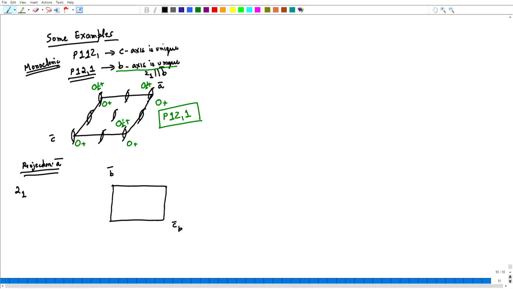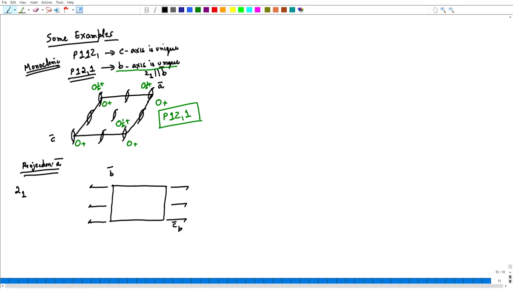So, how do I indicate the screw axis now? So, this is indicated by, so you will see 3 screw axes in the plane of the figure along the edges and thus in the center.